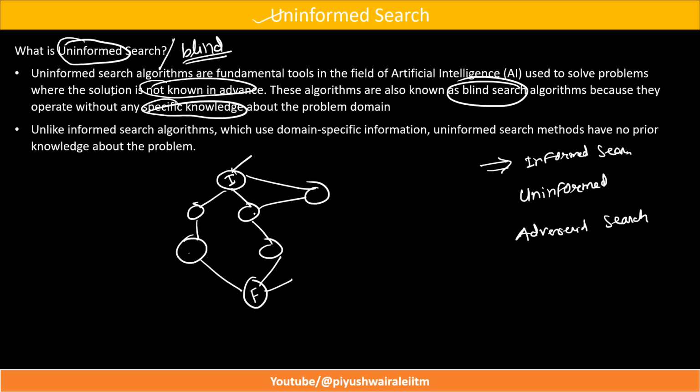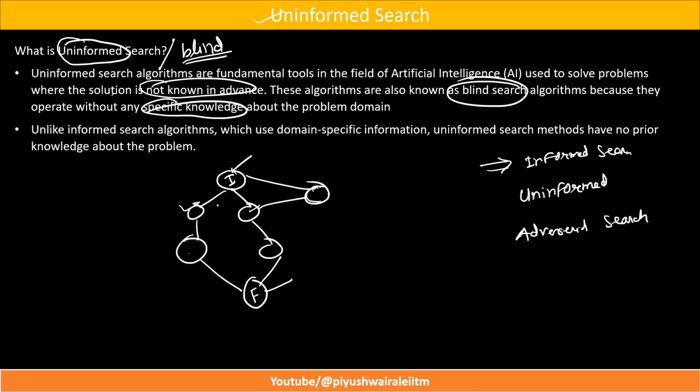So what will the AI agent do? First it will check whether the node is my goal, my desired node. If yes, it will stop. Otherwise, we have to explore further. In this way, the AI agent will traverse the graph and check whether each particular node is my goal state or not.